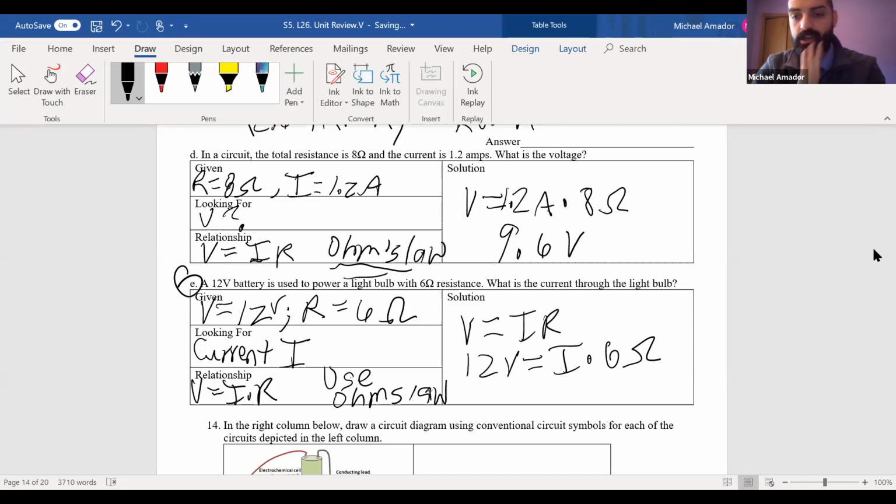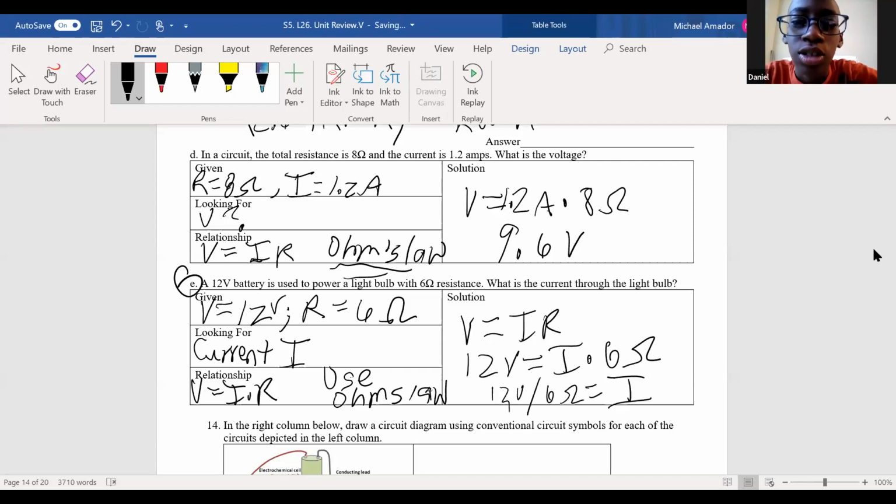I'm trying to unmute Daniel, there we go. Daniel, you're unmuted. So how do we finish off this problem? To finish that problem, what we would have to do is divide by 6 on both sides. So then we can find the current. 12 volts divided by 6 ohms is equal to I, which is equal to 2 amps.